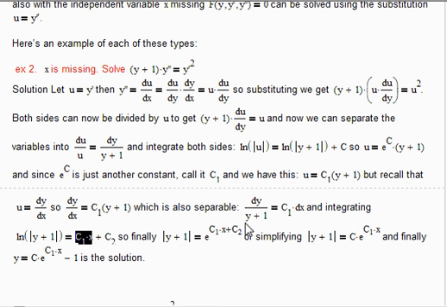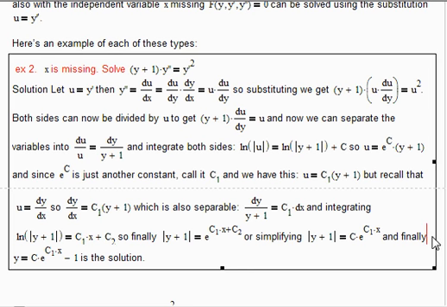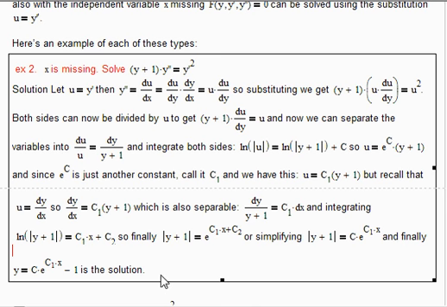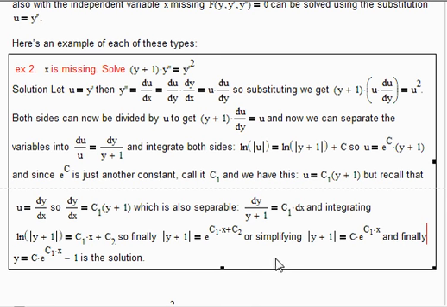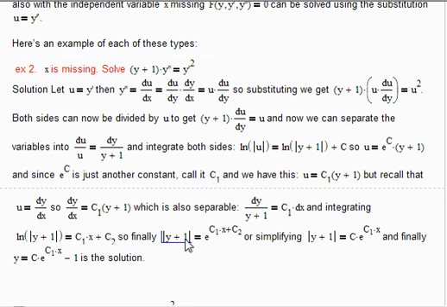c1 times x, plus a new arbitrary constant, we'll just call it c2 for lack of any better name. Now that we've got that, we can make both sides exponents for e, and we get absolute value of y plus 1 equals e to the c1x times e to the c2.